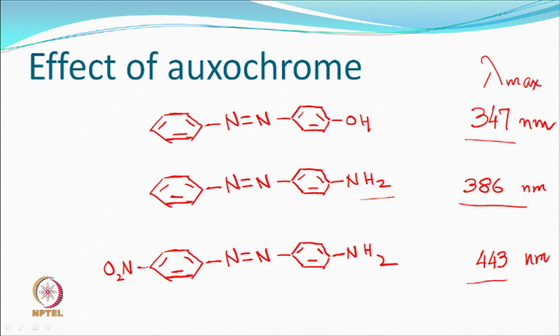If you have NO2 at the end of a conjugated structure, it goes further. So, same structure, same chromophore, more or less the chromogen is also the same, except now the auxochromes are being changed or added.